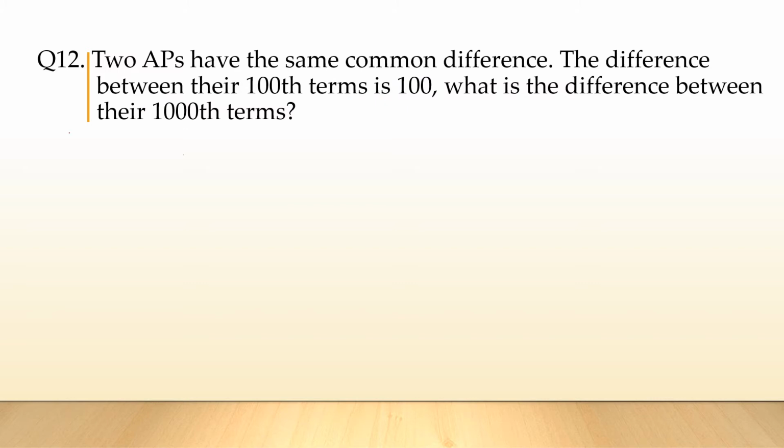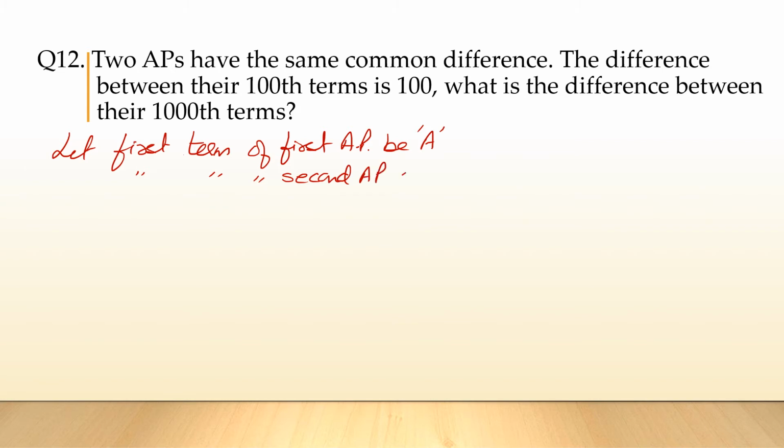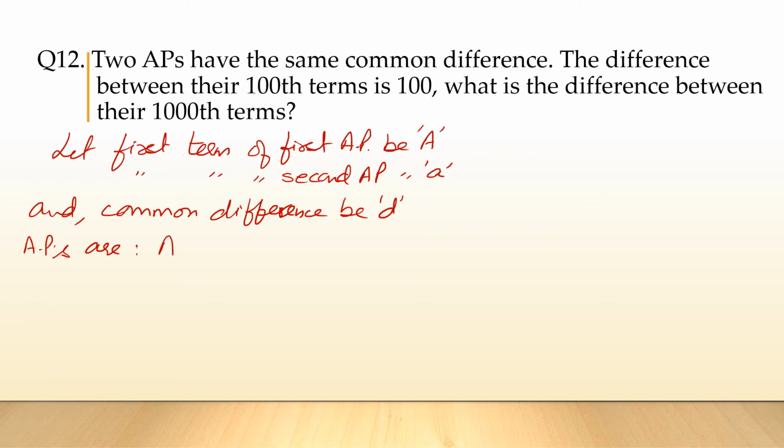Chalo. So let the first term of the first AP be capital A, and the first term of the second AP, because there are two APs, be small a, and let the common difference be small d, and the common difference be d. So this implies the APs are: A, A plus d, then A plus 2d, and so on.